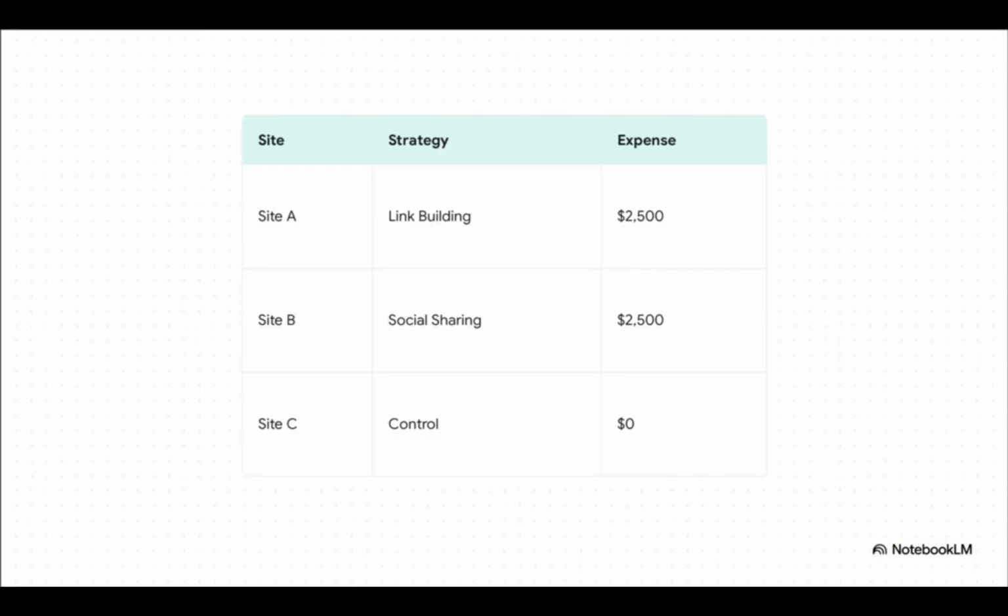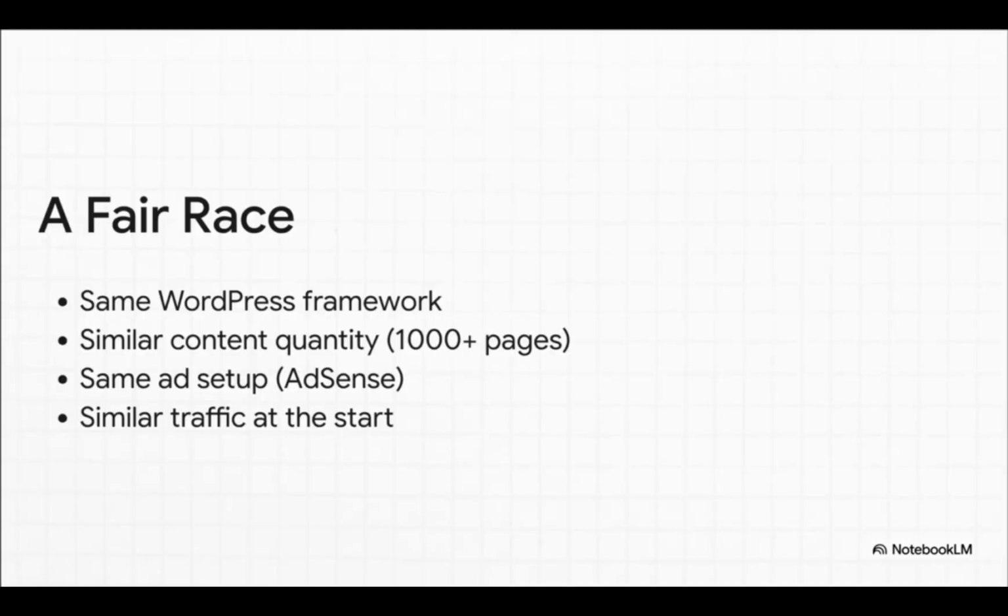Now, to make this a fair fight, the budget was absolutely key. So both Site A and Site B were given the exact same investment, $2,500 for their campaigns. Site C, our control, got nothing. This whole setup ensures we're comparing apples to apples here. And that fairness, it didn't stop with the money. All three sites were basically identical.